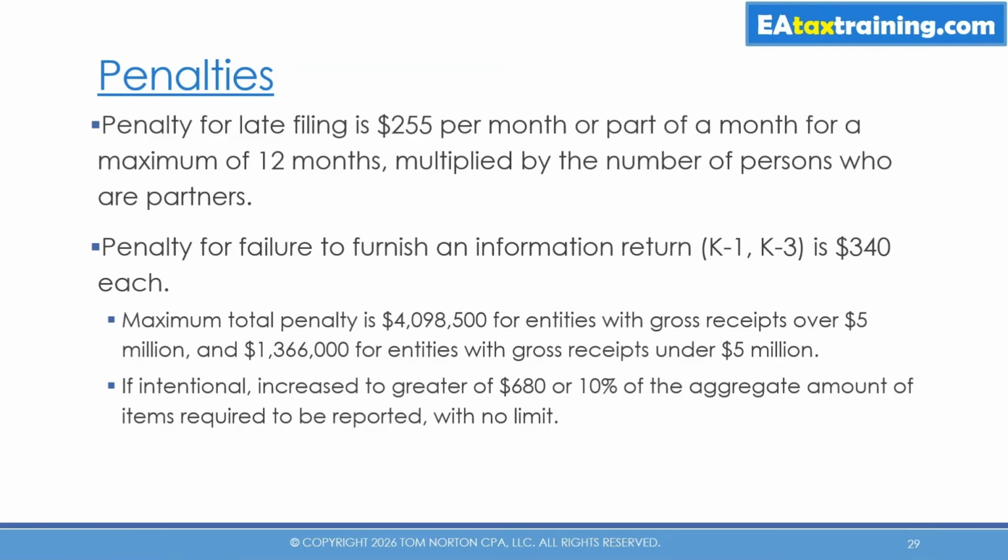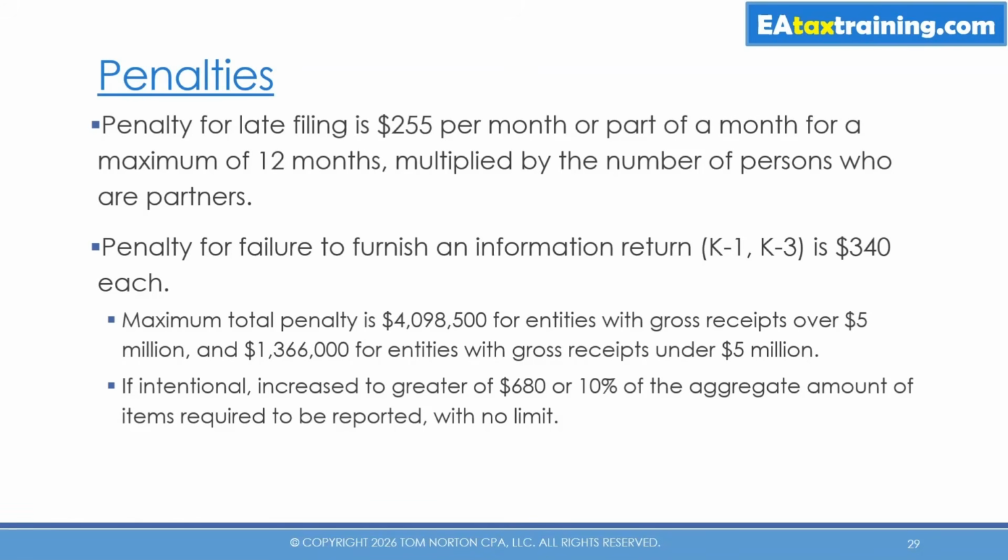Penalties for late filing: it's $255 per partner per month or part of a month. You'll remember when we talked about the 1040, the penalty for the 1040 is based on the amount due with the tax return. And we said if you don't have an amount due, then you don't have a late filing penalty. Well, with a partnership, they're usually not going to have an amount due, so that wouldn't make any sense.